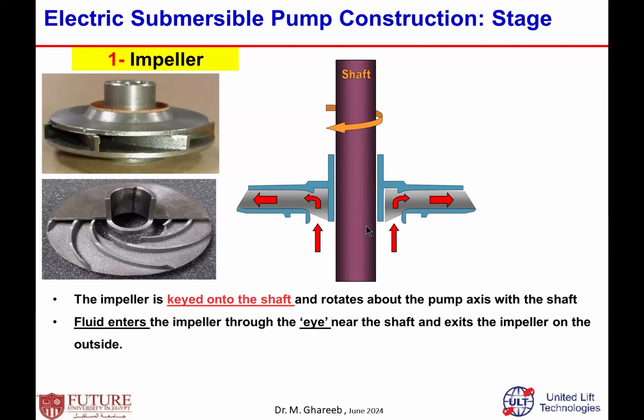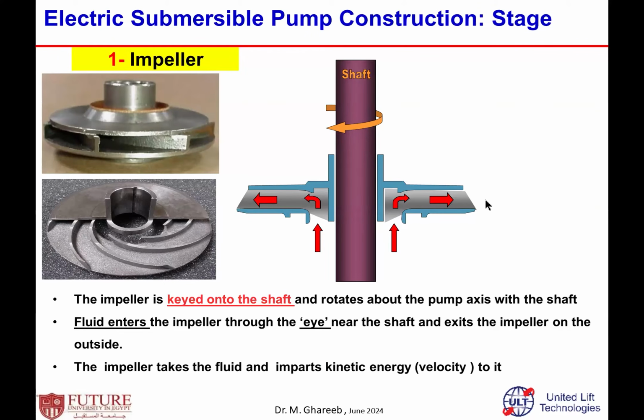When the impeller rotates, it gives velocity to the fluid, and due to centrifugal force the fluid goes outward from the center with a certain energy, which can be converted to head afterward.